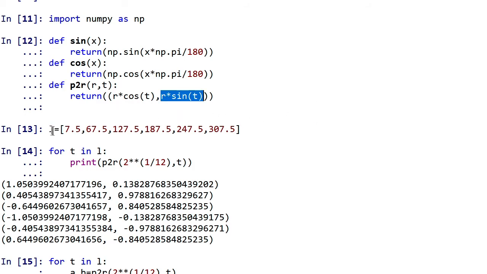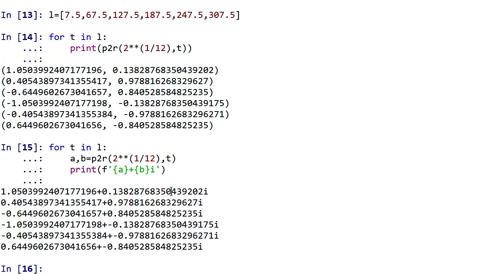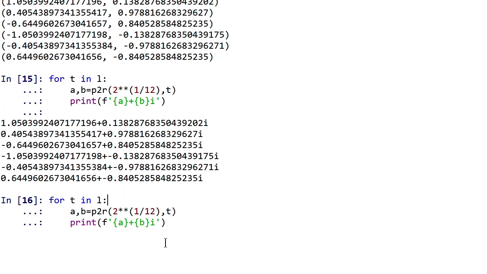And then I made the list of all the degrees as I wrote, and I just used a for loop, printed out, and these are actually the answers. Oh, actually I want to change this a little bit. I want it to be a plus bi, where a, b is the unpacking of these numbers, the real and imaginary parts.